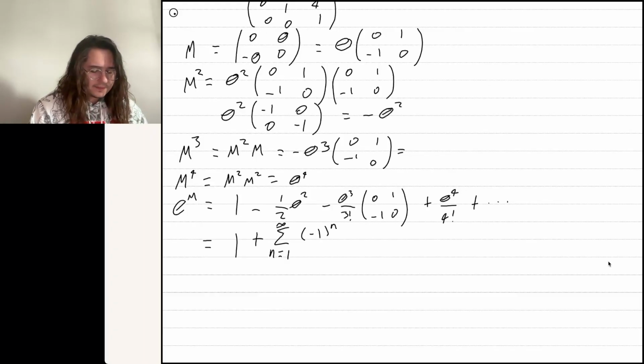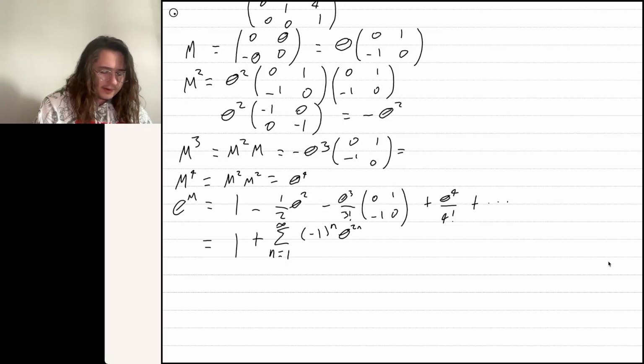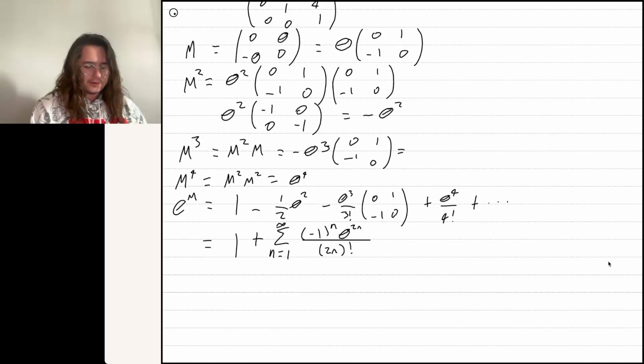And then also, it seems to have a theta to the 2n on it, right, to take care of the power of 2, but it's also divided by 2n factorial. So that you can get 2 over here and 4 over here. Yeah, okay.